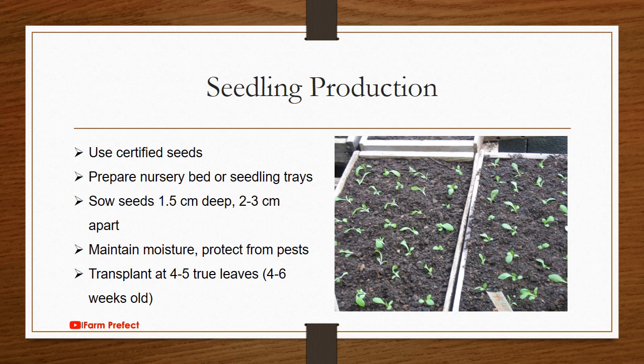Then we come to seedling production. Use certified seeds. Farmers have this habit of taking seeds from their neighbors and friends. No, go to an agro shop or a seed production fair and get your certified seeds from there.